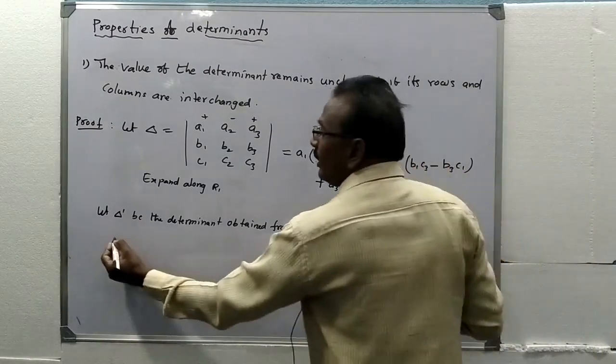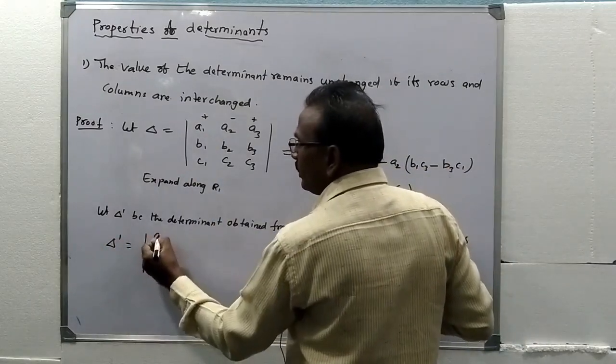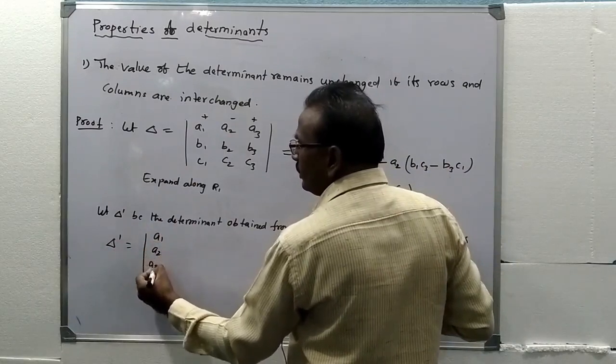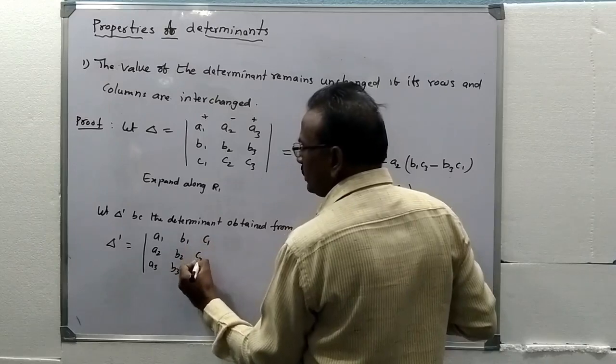So therefore delta dash is equal to, interchanging rows and columns, that means first row becomes first column: a1, a2, a3, b1, b2, b3, c1, c2, c3.